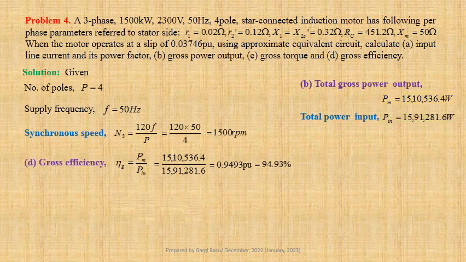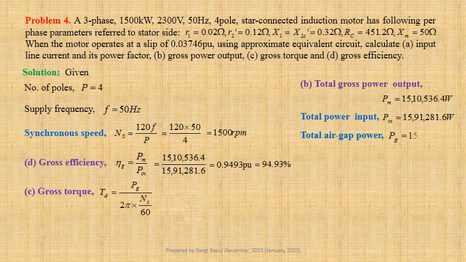Expression for gross torque TD equals PG divided by 2 pi into Ns by 60. We have obtained total air gap power PG equals 15,69,323.3 watt.